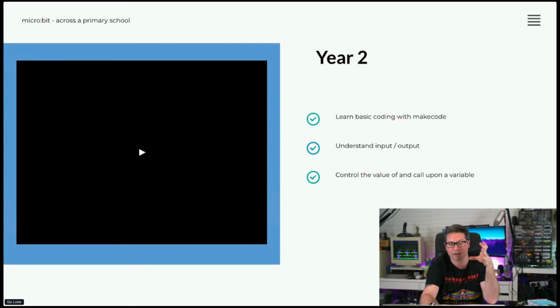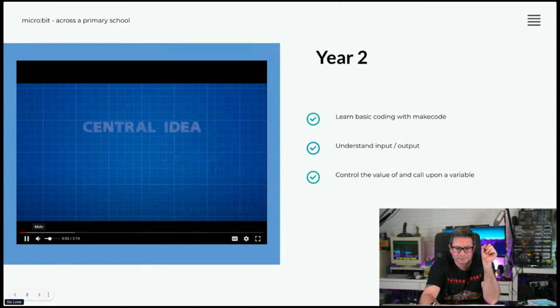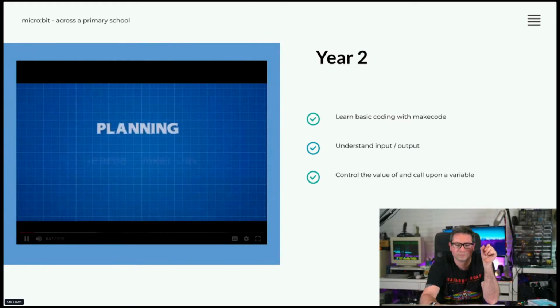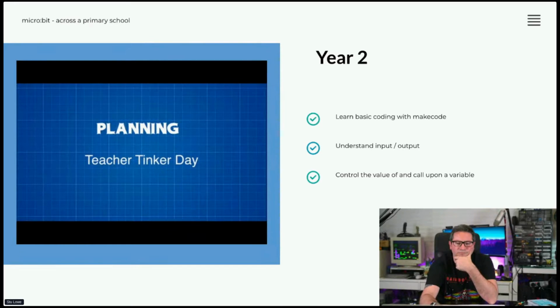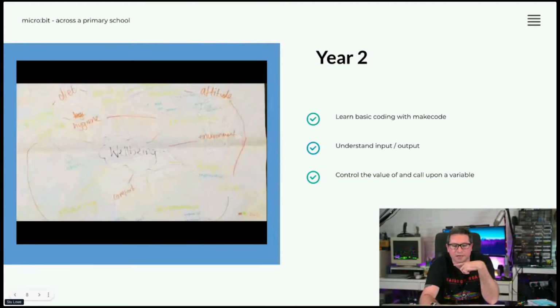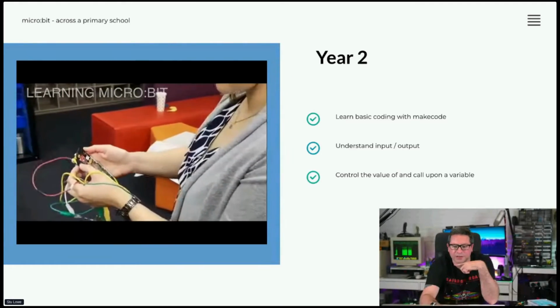It wasn't a microbit design project as such, but if I flick through this, you'll see. So we often start with the teachers learning what they need to know first.